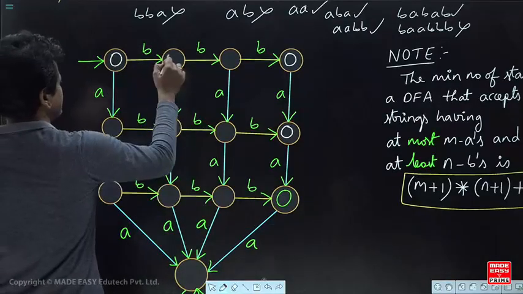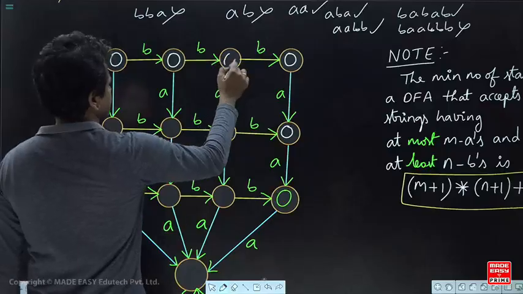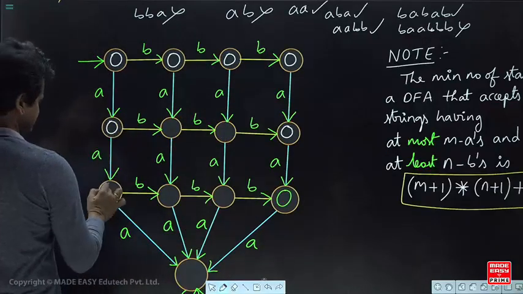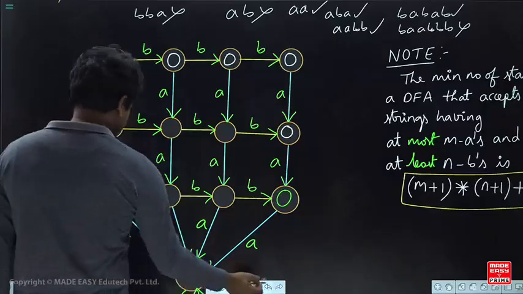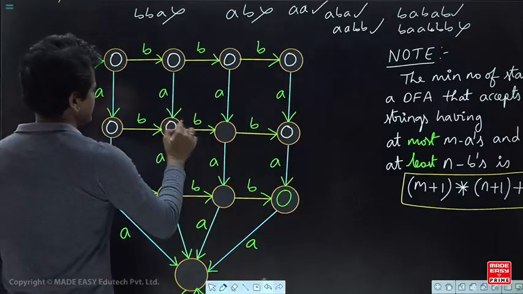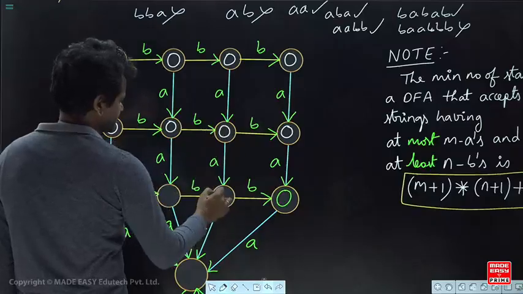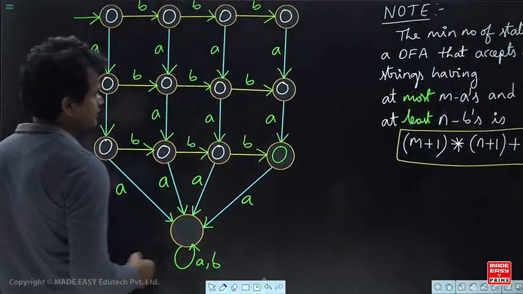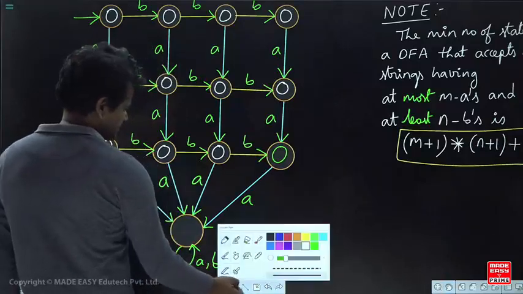Maximum 3 B's, minimum can be 0, and maximum 2 A's. So any string must have maximum 2 A's and maximum 3 B's. If A's are beyond 2 or B's are beyond 3, we go to trap state.